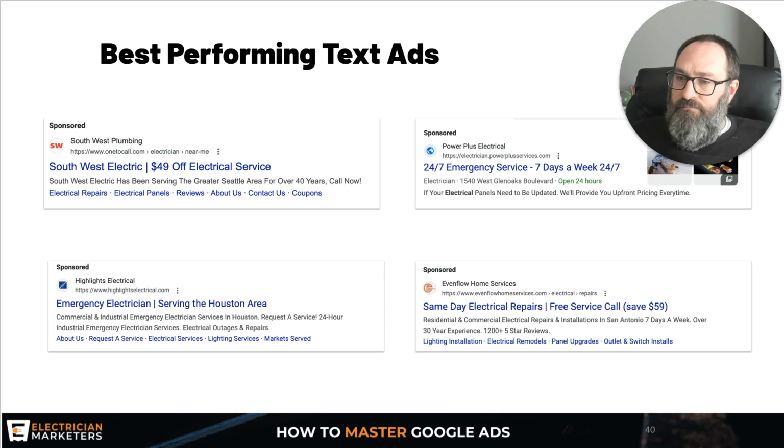And then you also want to be aware of who else is running ads in your area and what they're running. So if you see your competitors are talking about emergency service, or free service calls, or $49 off, be aware of the offers that your competitors are making. And you want yours to be the best offer. You want yours to be the most compelling. I mean, you're going to show up with these other ads.